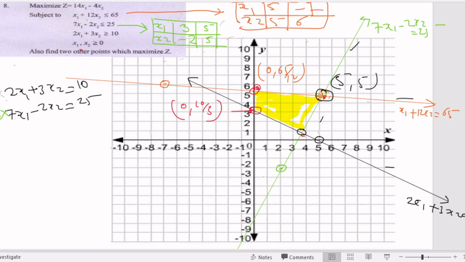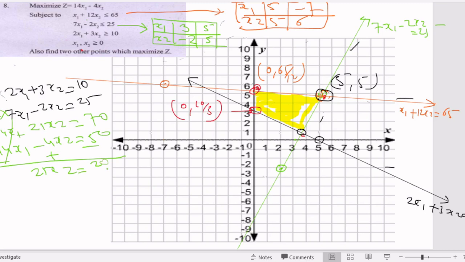So the above equation becomes 14x1 plus 21x2 is equal to 70, and the below one will be 14x1 minus 4x2 is equal to 50, right? Subtract because the sign is different. This will get cancelled. 21 plus 4, 25x2, equals 20. x2 will be 20 upon 25, so it will be 4 upon 5.